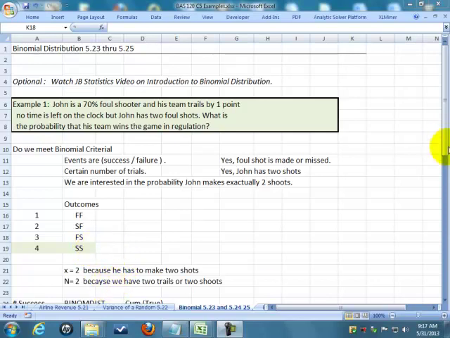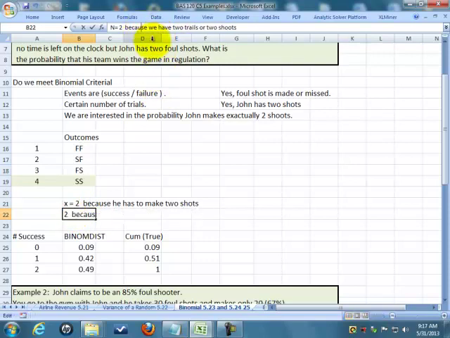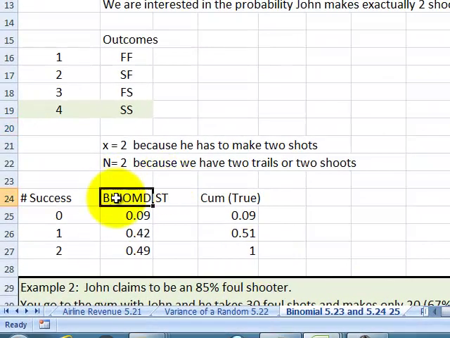So our X in this case is 2 because he has to make 2 foul shots, and our N is 2 because he has 2 trials. Here are the number of successes: he can make 0, 1, or 2 foul shots.